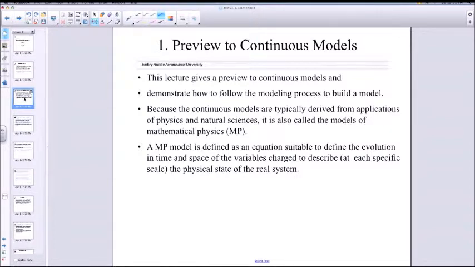The continuous model in other textbooks is also called the mathematical physical model, or MP for short. An MP model is usually defined as an equation used to look at the dynamic change of a system over time and space.